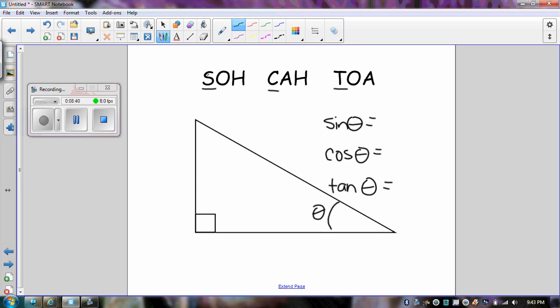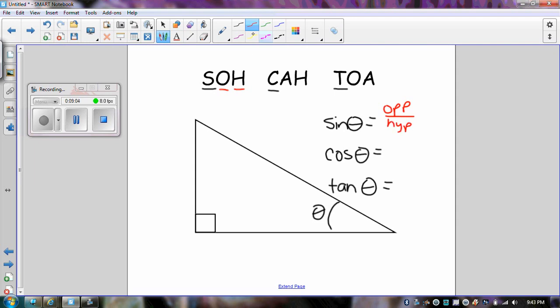Okay, so we have sine, cosine, and tangent, and we're doing it of some angle theta, which is right here. Now, the rest of the letters correspond to the sides of the triangle we're going to be looking at. So O and H, we'll look at those first. So sine is going to be opposite over hypotenuse. So I'll go ahead and write that here. Opposite over hypotenuse.